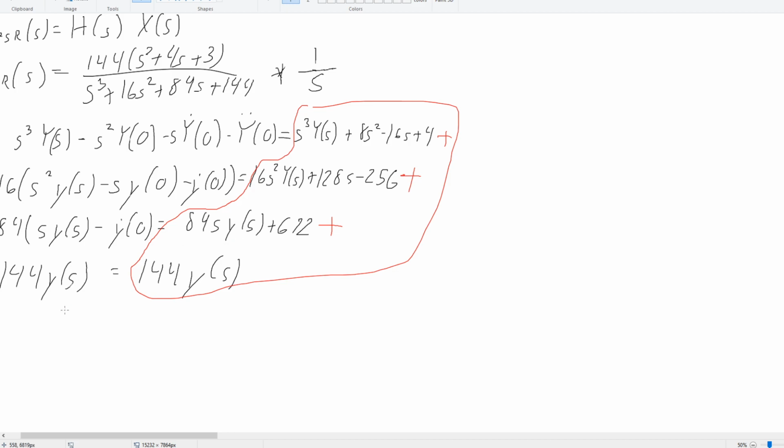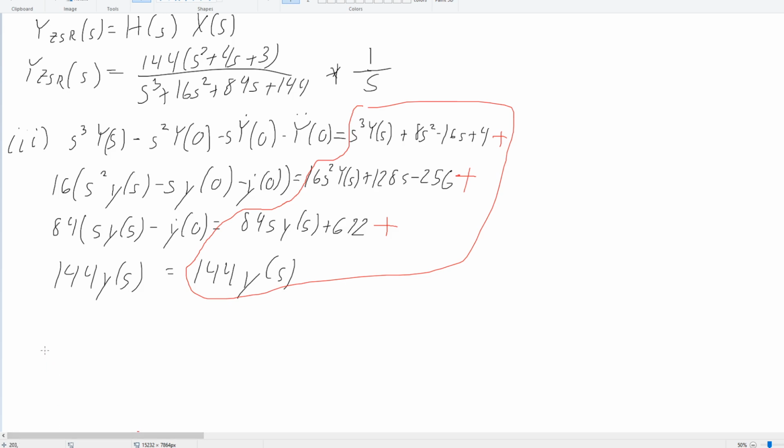It's going to look something like this. I guess I could write the whole thing, but I don't really need to. S cubed.